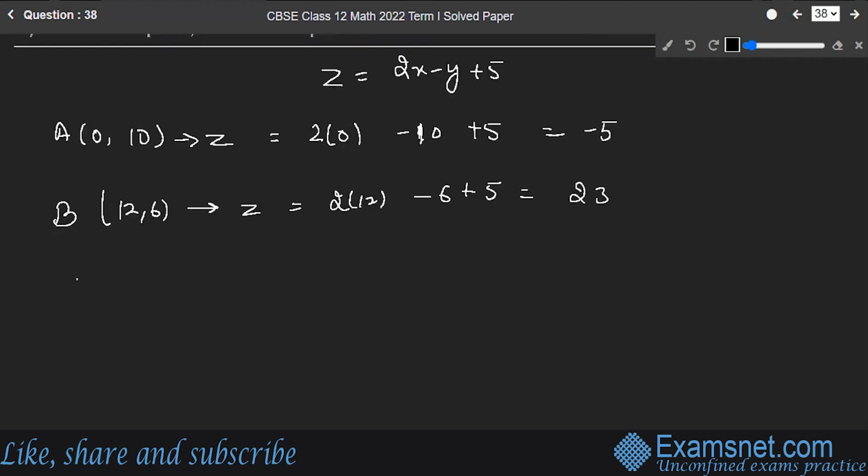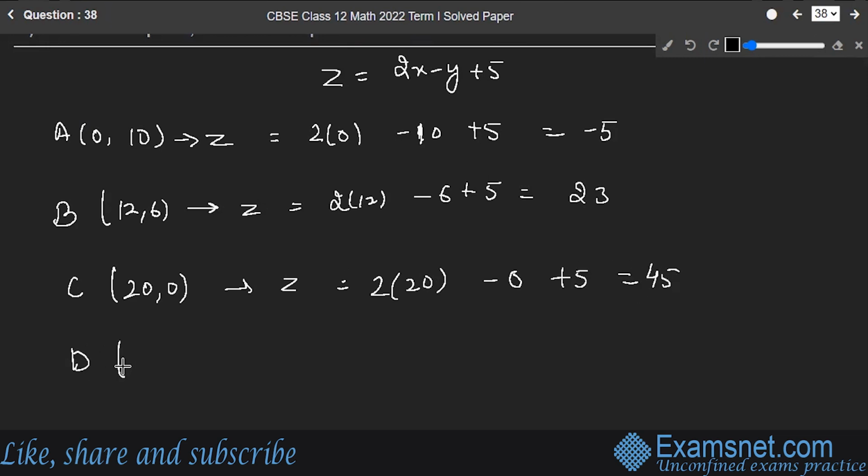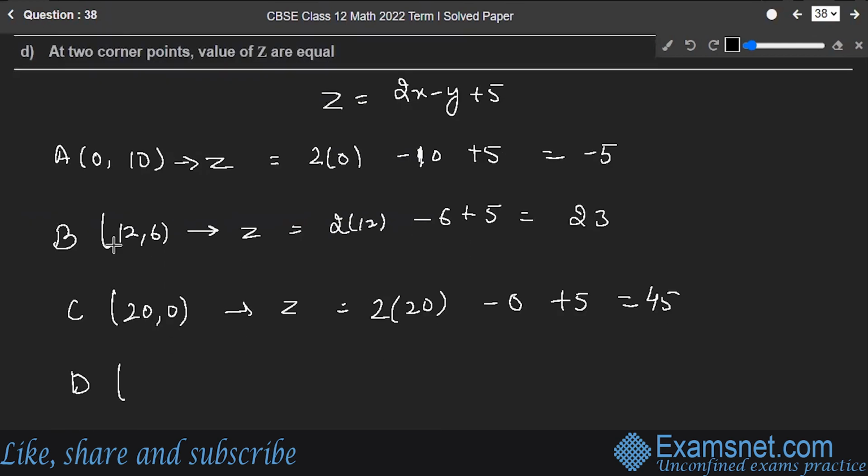At the point C, 20, 0, you have z as 2 into 20 minus 0 plus 5, which is equal to 45. And the point O, 0, 0. So this is 2 into 0 minus 0 plus 5, which is equal to 5.